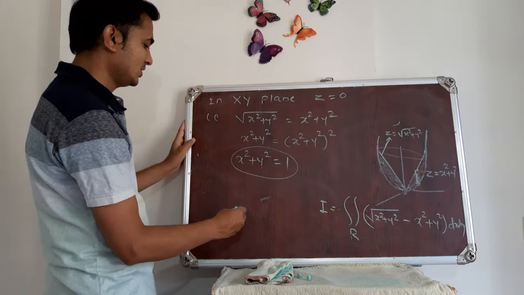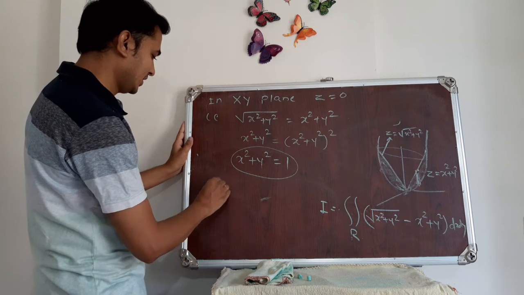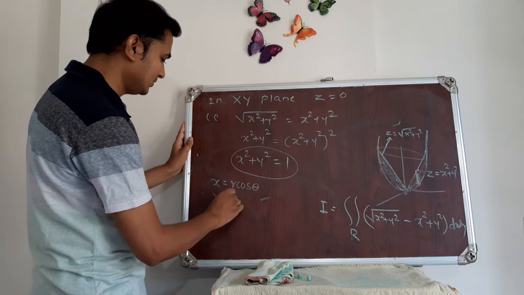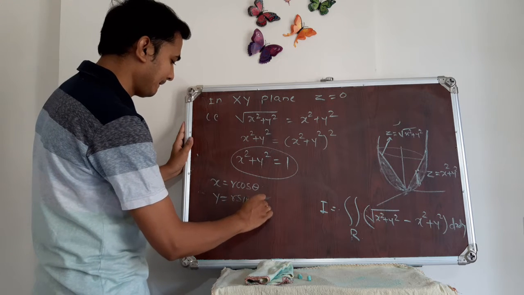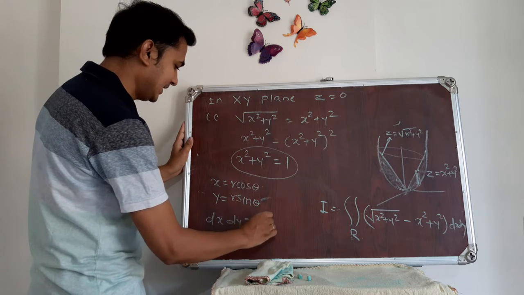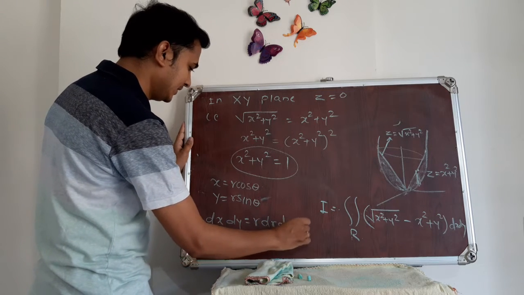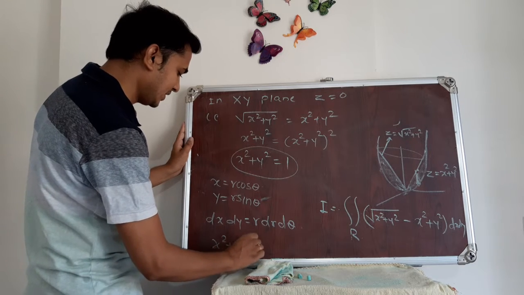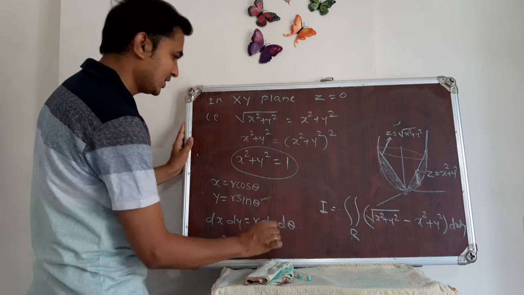Using polar coordinates, x is equal to r cos theta, y is equal to r sin theta, dx dy becomes r dr d theta, and x square plus y square is r square.